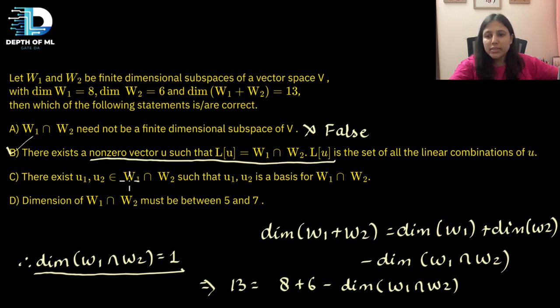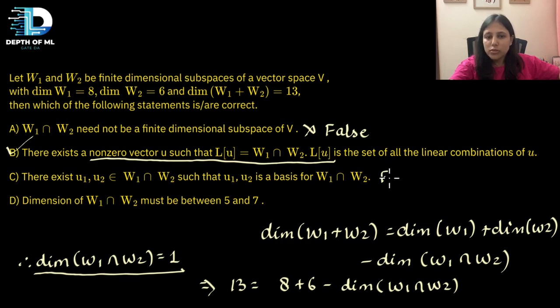Now let's look at option C. There exist U1, U2 that belong to W1 intersection W2 such that U1, U2 is a basis for W1 intersection W2. If U1 and U2 form a basis, then they are linearly independent because they are in the basis, and W1 intersection W2 would have dimension 2, which is incorrect because we just found out that the dimension of this subspace is 1.